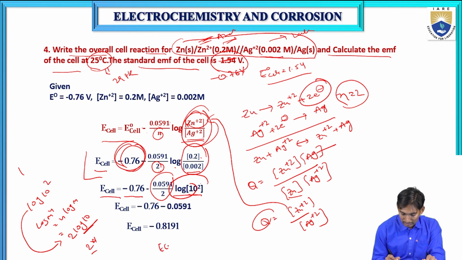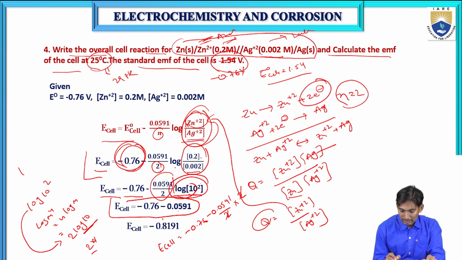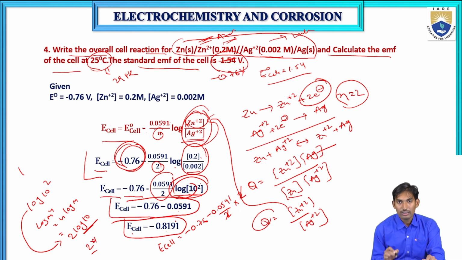So the equation becomes minus 0.76 minus 0.0591 by 2 into 2. The 2s get cancelled. Then E cell equal to minus 0.76 minus 0.0591. The final solution is E cell equal to minus 0.8191 volts.